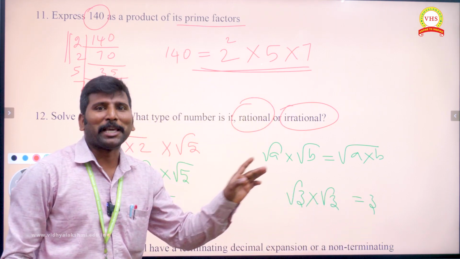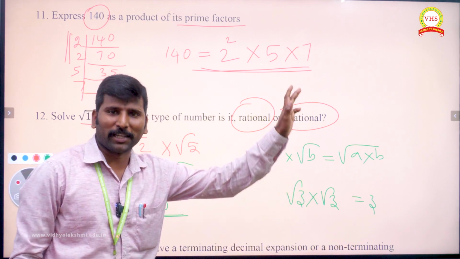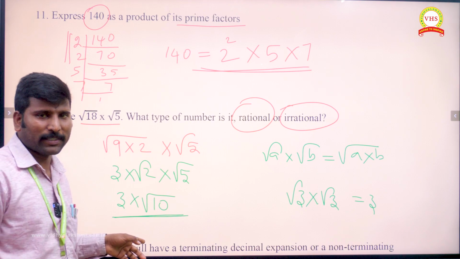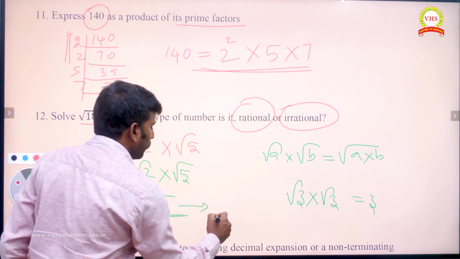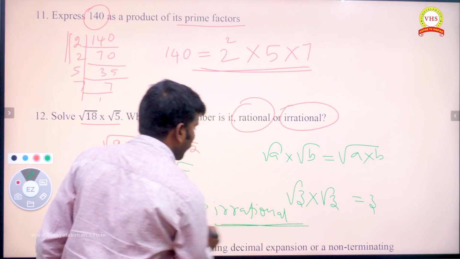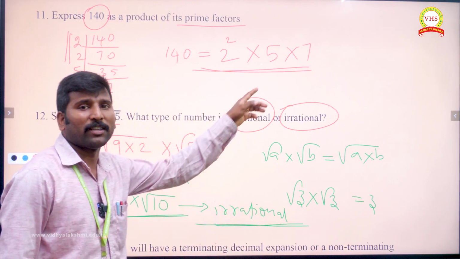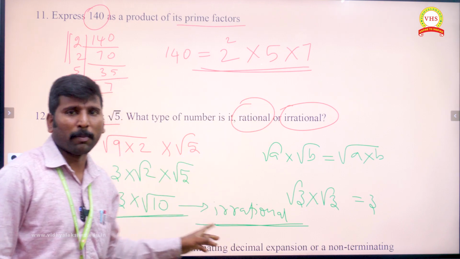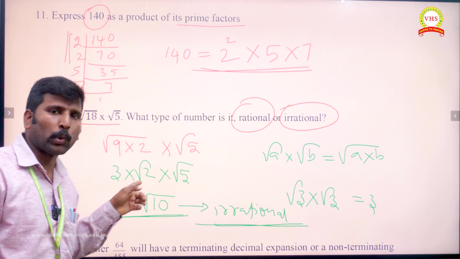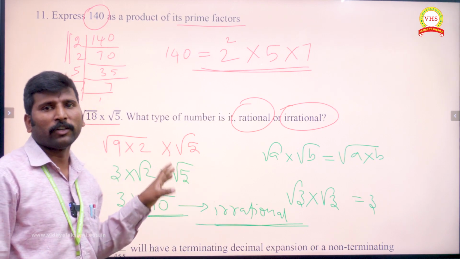When you multiply the same irrational numbers, you will get a rational number. When you multiply different irrational numbers, you will get an irrational one. Understand? So this is irrational. They asked us to check whether it is irrational or rational. I'm telling you it's irrational because it contains root 10. When you split root 10, it comes as root 2 and root 5. Both are irrational, so it will be irrational.